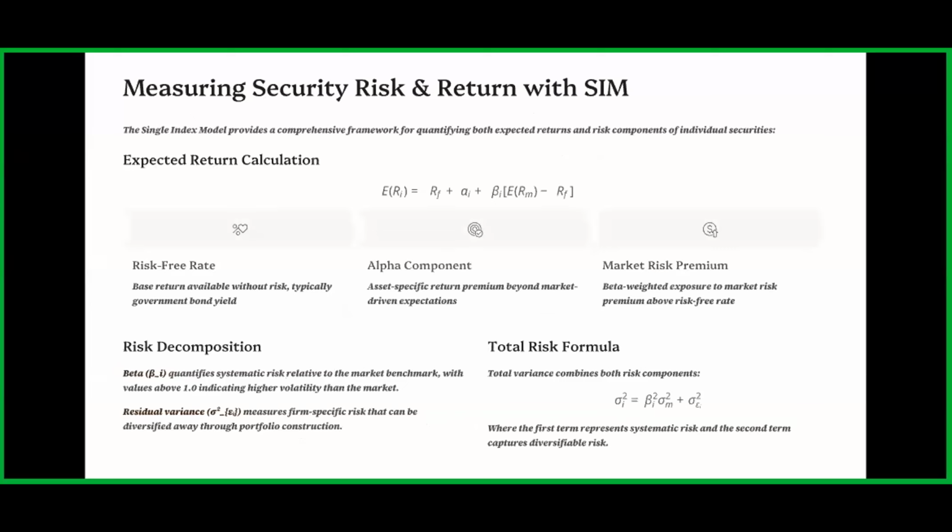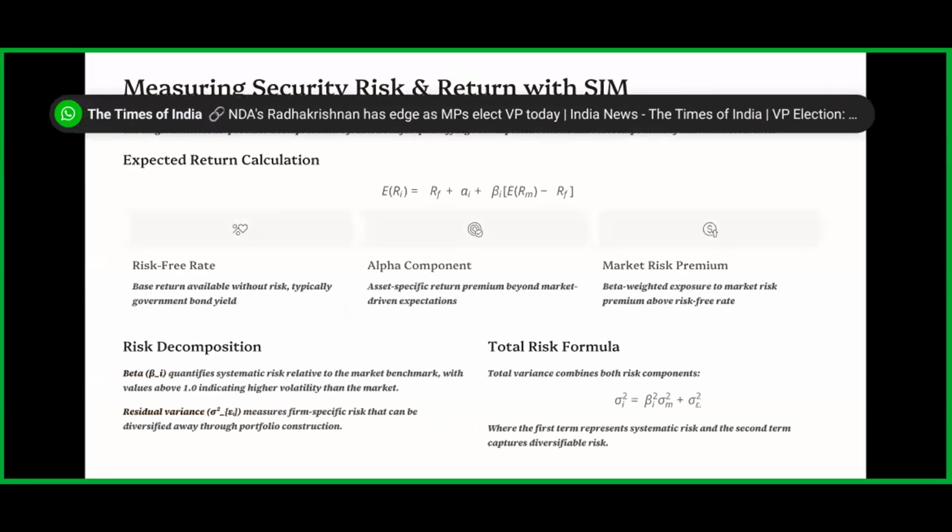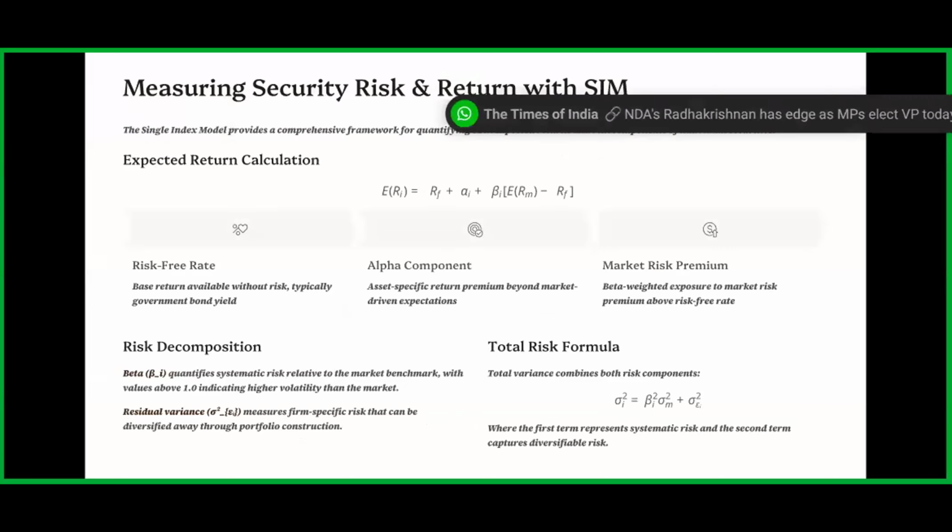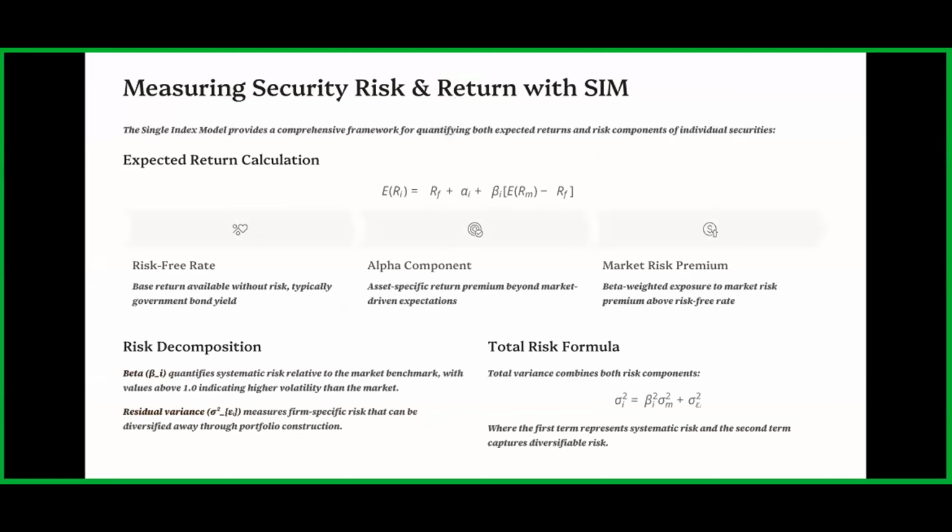Now, measuring the risk and return with the single index model. The single index model provides a comprehensive framework for quantifying both expected return and risk, where systematic risk is the beta. From that model we developed the CAPM model, that is, expected return equals RF plus beta (RM minus RF).